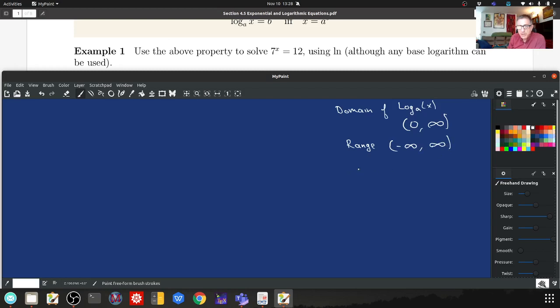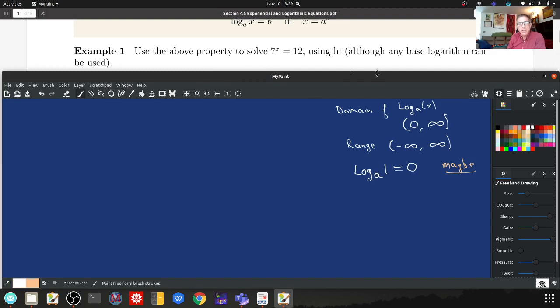And also recall that log to the base a of 1 is equal to 0. So that's going to be important. Maybe. I'll just put a maybe there. I'll make reference to it right here in just a second. It's something to keep in mind.